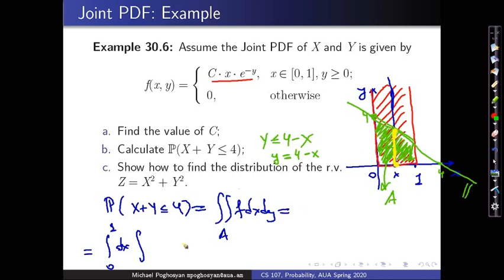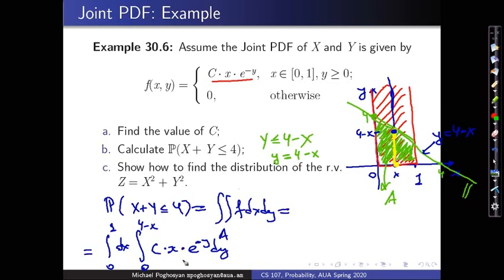So this point is 0, so I'm writing 0. And to find this point, I am remembering the equation, which is 4 minus x. So I'm integrating from 0 to 4 minus x my function c times x times e to the minus y dy.